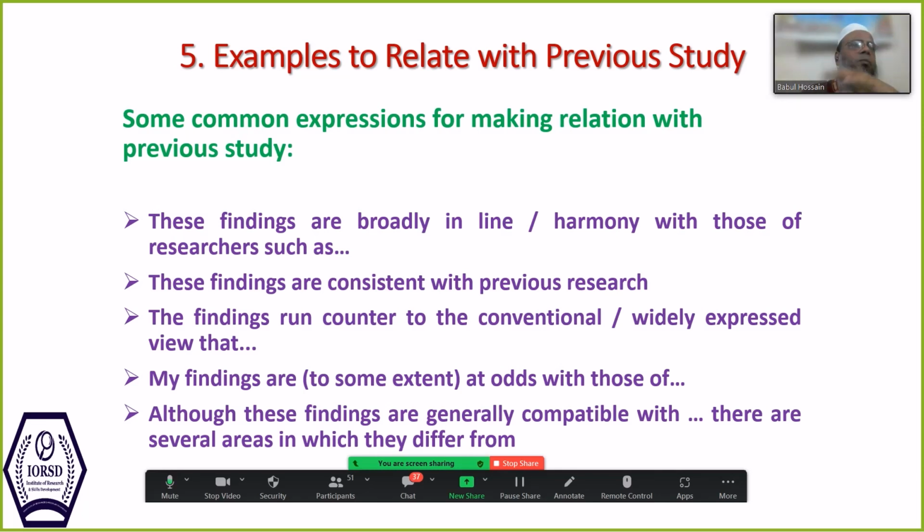Maybe you have used 2, 3, 4, 5 theories. So which theory is supporting your study, your findings? Third one, you will discuss the practical side, why these results come in your context.